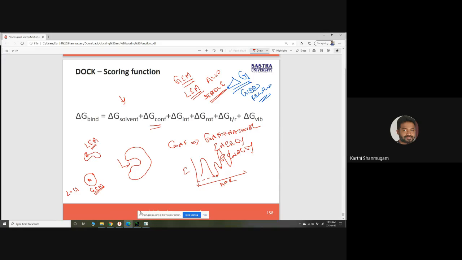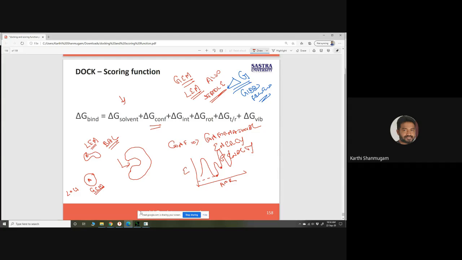If this is the definition, in this example, A or B, which conformation can we call the bioactive conformation? B, sir. Okay, so we can say that B is the bioactive conformation.